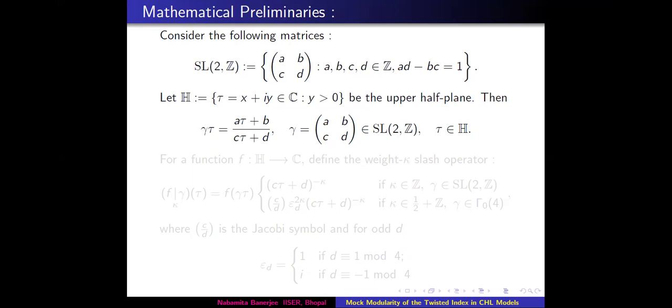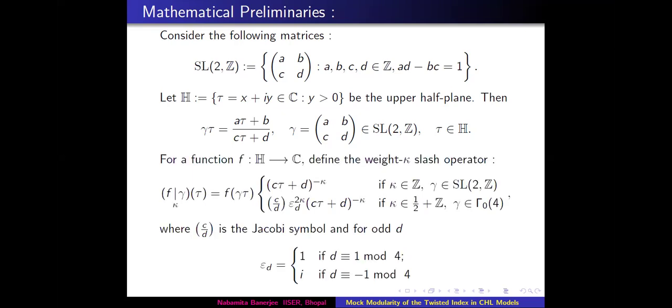Okay, so let us just consider an SL2Z matrix ABCD and take any point on the upper half plane, on which any element of SL2Z will act like this. Then also take a function that maps from H to C, and we define an operator for any k.